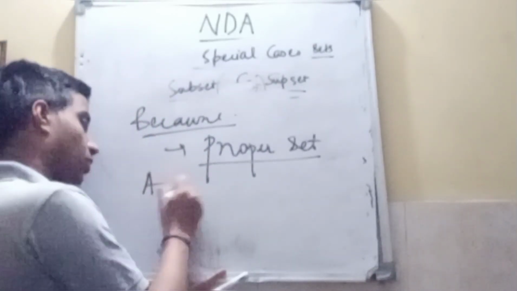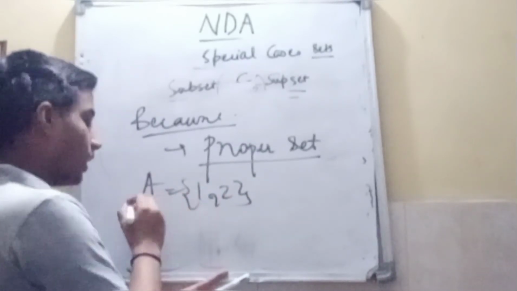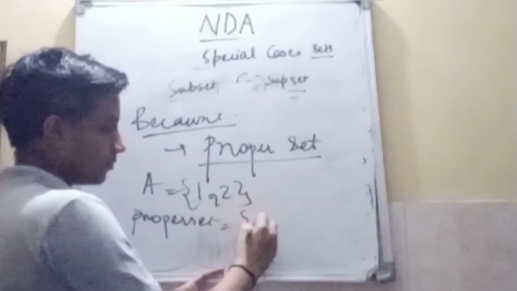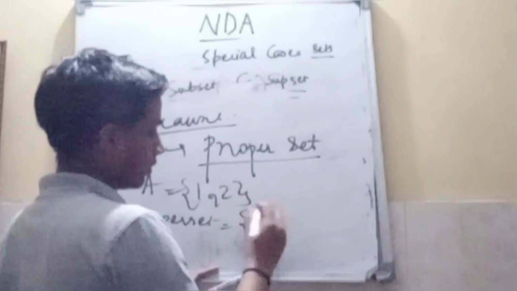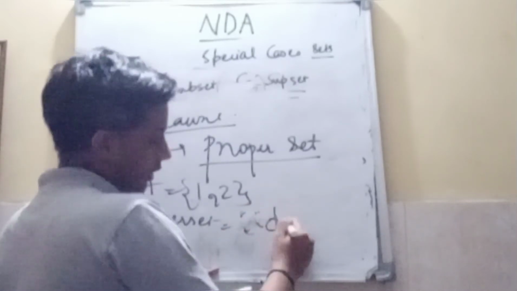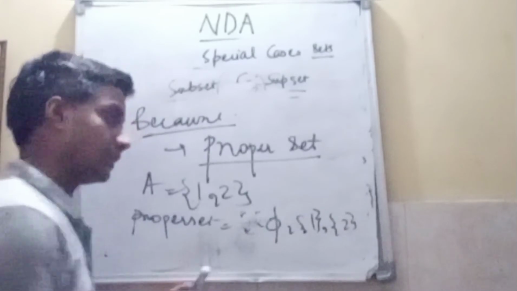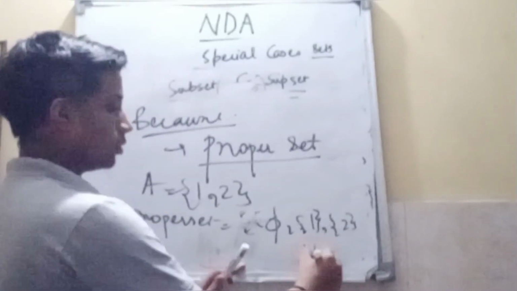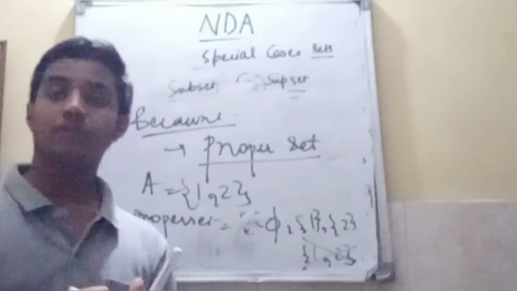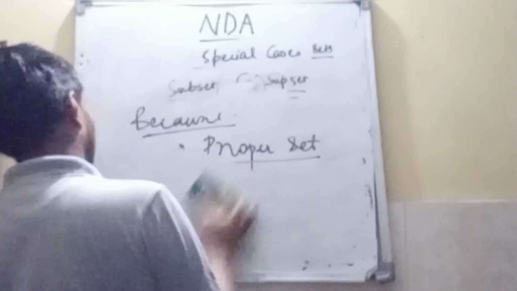For example, A is a set with two elements 1, 2. If we have to write the proper subsets, then first is the empty set, then {1}, then {2}. {1, 2} is not included in this, because if it is included, then we cannot call it a proper subset.